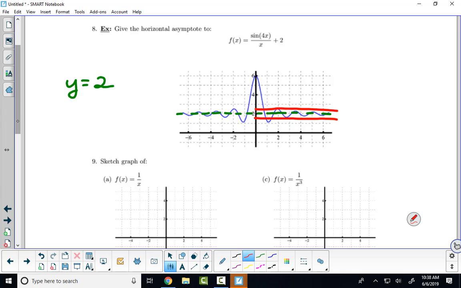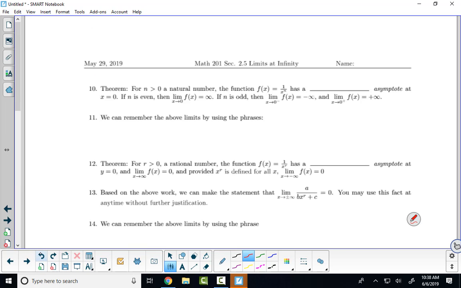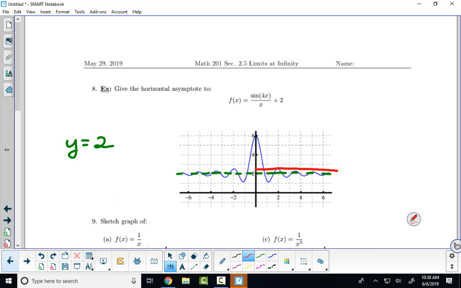As long as I put that window centered about 2, I can make it as small as I want, and as I go far enough to the right, the graph will be contained in that window. I can do that for anything, so that's why we have a horizontal asymptote there. If you missed that explanation, that's okay. We're going to do that more in section 2.7.